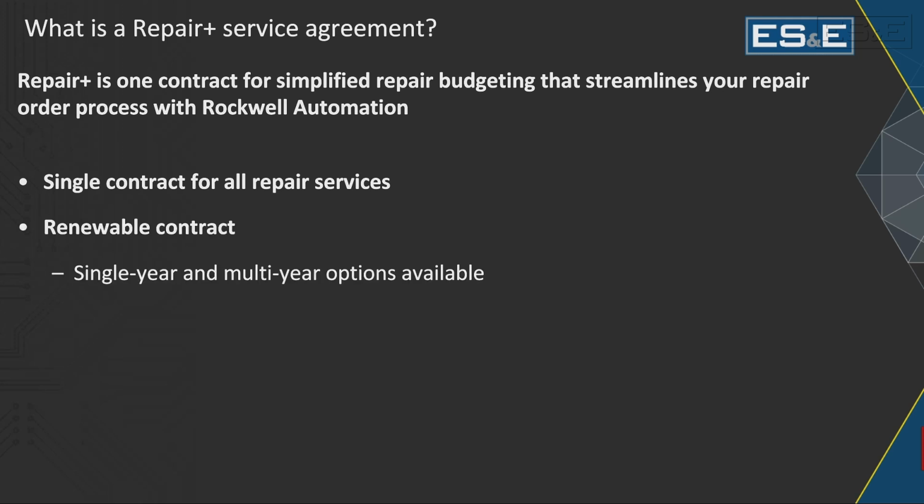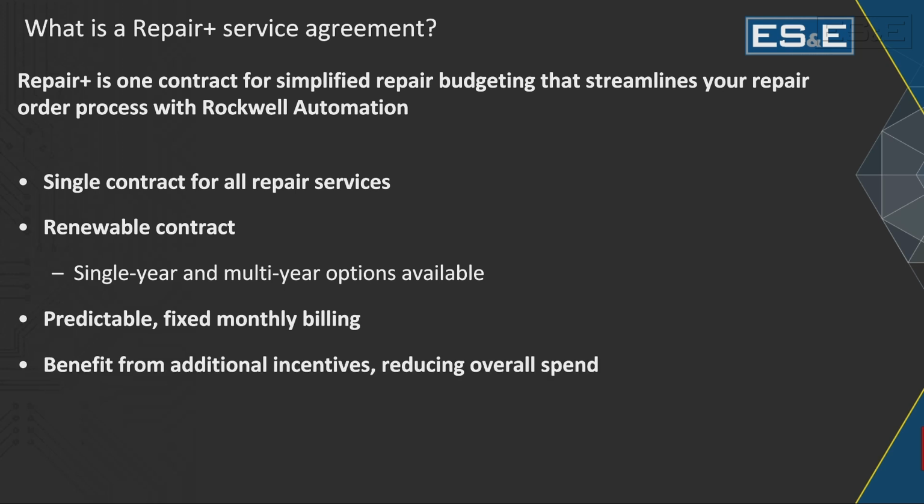It is renewable, just like the Inventory Plus, so you can do a single year or multi-year option. It helps if you're trying to do predictable fixed monthly billing, whether monthly, quarterly, or yearly. Also, the good thing about the Repair Plus service agreement is you have the buying incentives, which give you a 20% add-on or 20% buying increase.